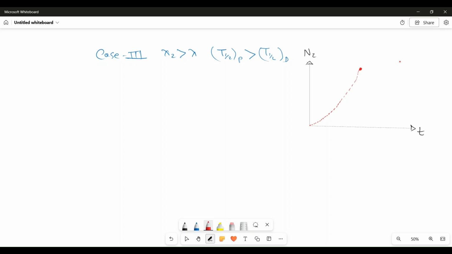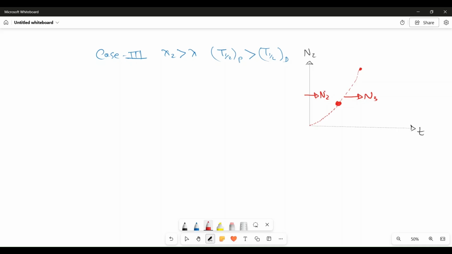Because the incoming element that is decaying into N2 from the parent is greater, right? At any point, suppose at this point we had incoming N2 from the parent, and this N2 was also decaying into N3, right?